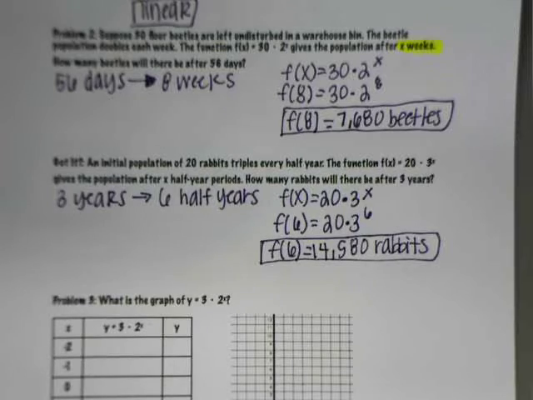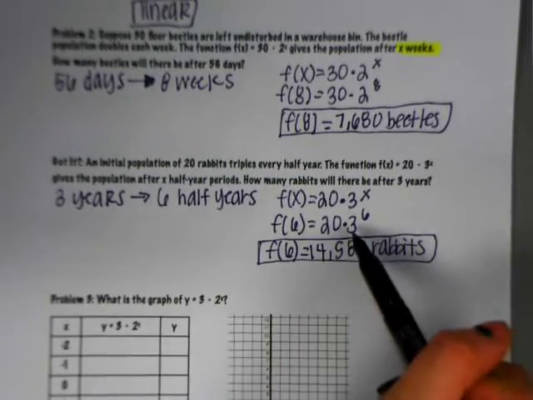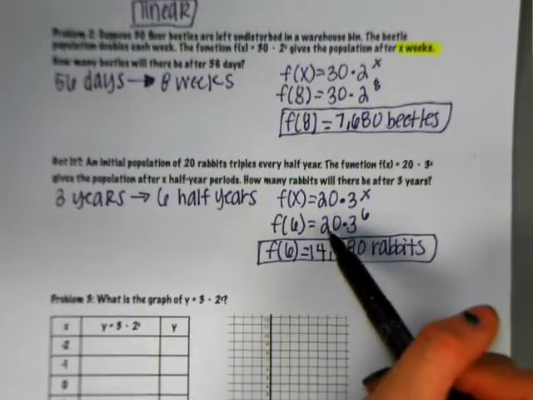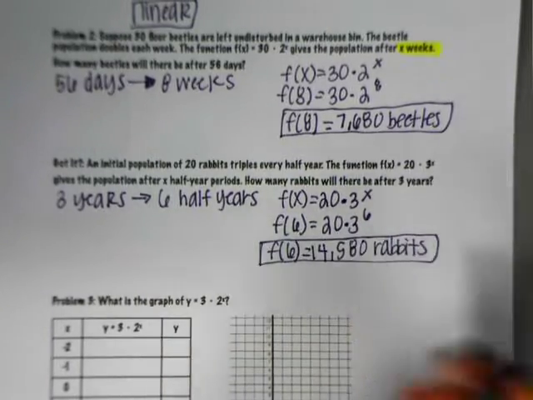Do you have any questions on that? Okay, so make sure here that you're doing the 3 to the 6th power first and then doing times 20, or putting it all in at once. But make sure you're not multiplying first, okay?